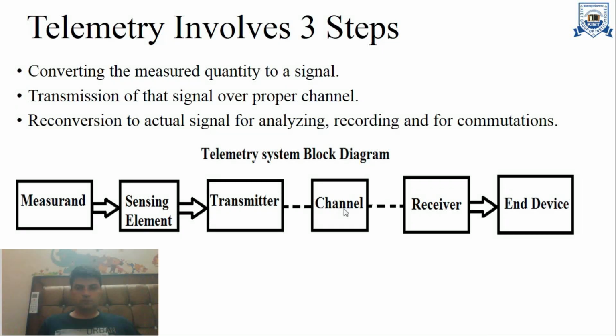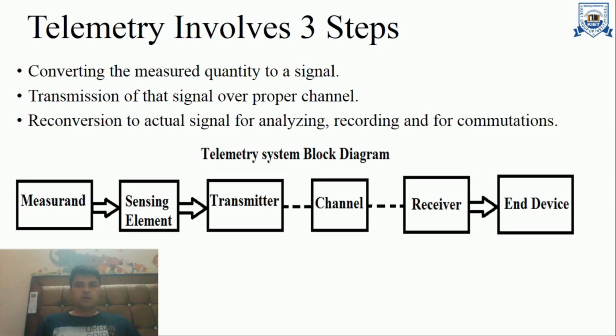Then there is a channel through which we transmit our signal. It is wired or wireless. It includes landline telemetry or wireless telemetry. Like there are some examples. In landline telemetry we require wires.